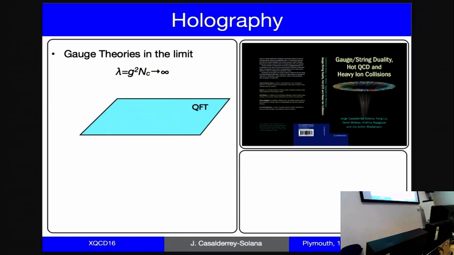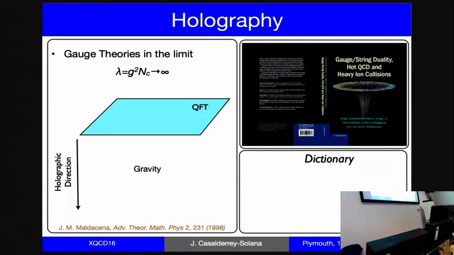If you have a gauge theory in this limit, what the holographic framework tells you is that this is mathematically identical to a theory of gravity. And a theory of gravity has an additional dimension, at least one additional dimension, that I'm going to call the holographic dimension.